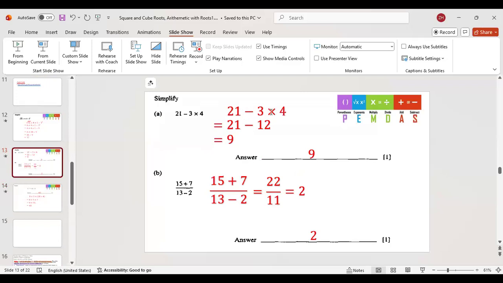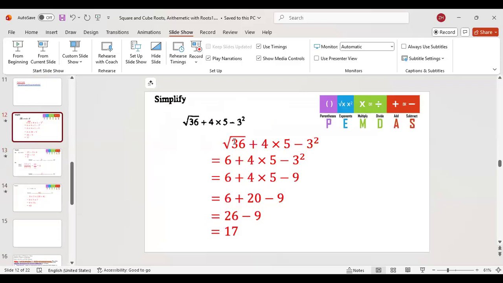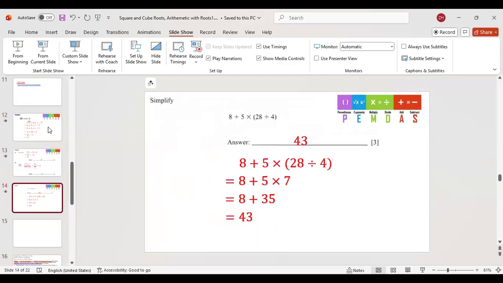For this one, we had them multiply first, then subtract. Here we do the numerator and then the denominator, and we divide them. And for this one, we did the square root, we did the exponents, we multiplied, we added, then we subtracted, and that's how we get that. So these are 3 really good questions on order of operations that we did, right?